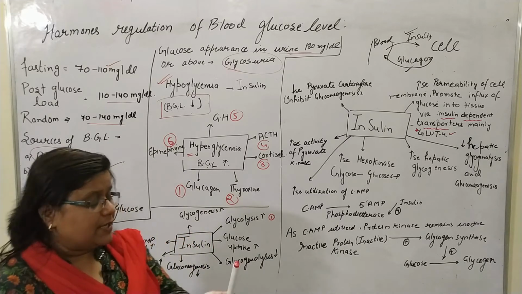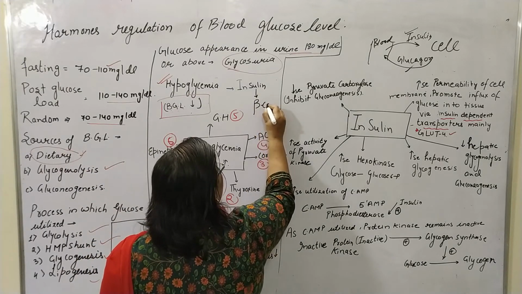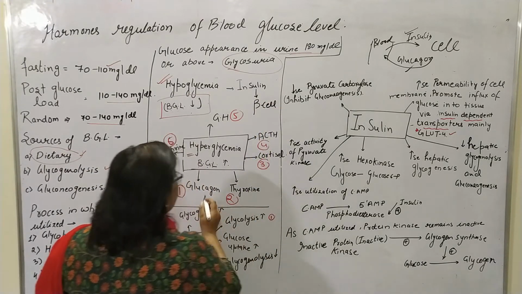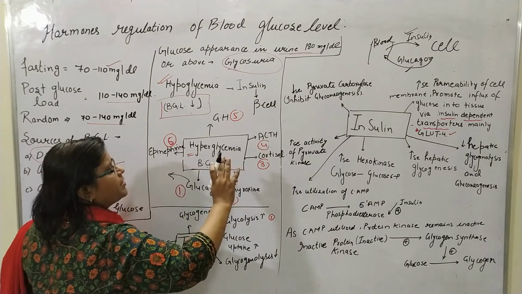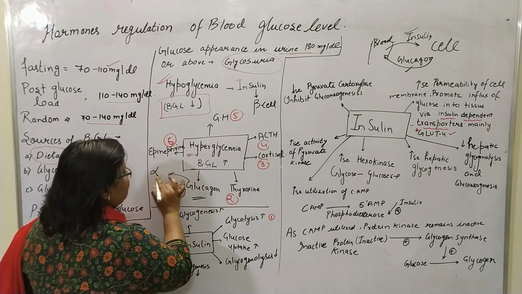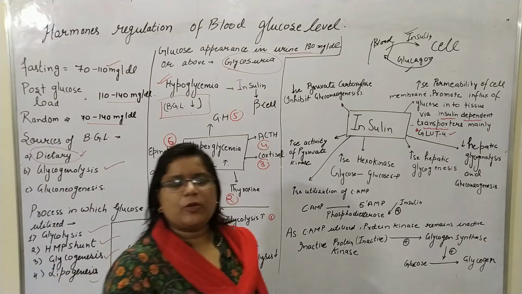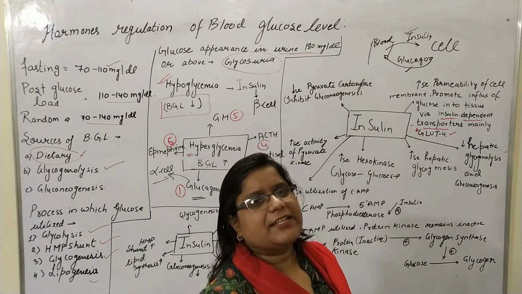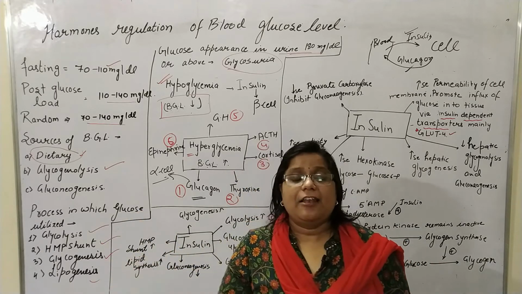Insulin is secreted by the beta cells of the pancreas, whereas the main hyperglycemic hormone, which is the opposite of insulin, is released by the alpha cells of the pancreas. Keep in mind that insulin is secreted by the beta cells, whereas glucagon is secreted by the alpha cells.